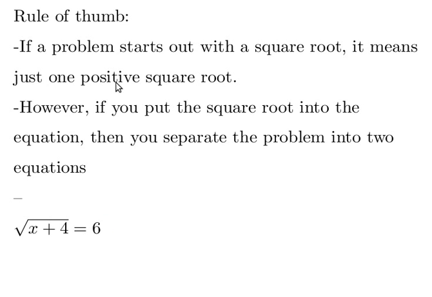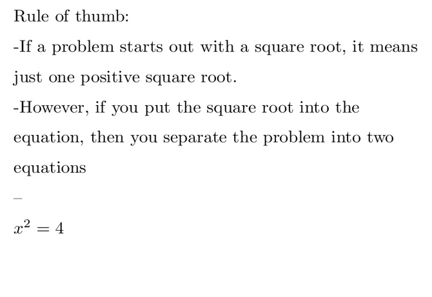But if you put the square root into the equation yourself, let's have an example of that. We already had one example, but let's look at that example again. So we have x squared equals 4. This is an example where we don't actually have a square root, we only have a square. But to solve it, we're going to need to take the square root of both sides.